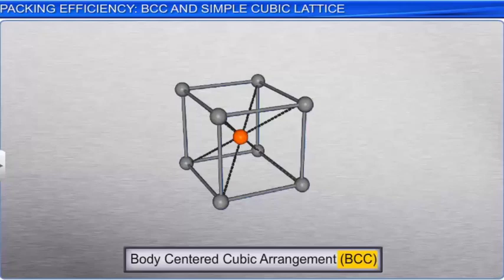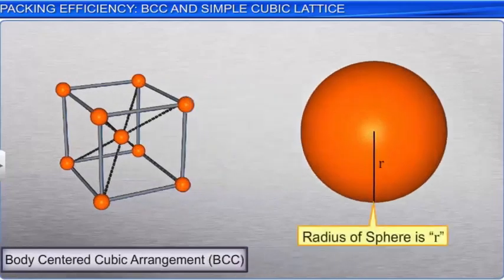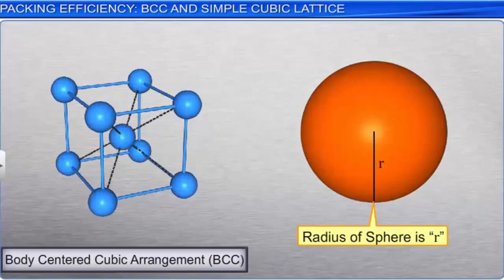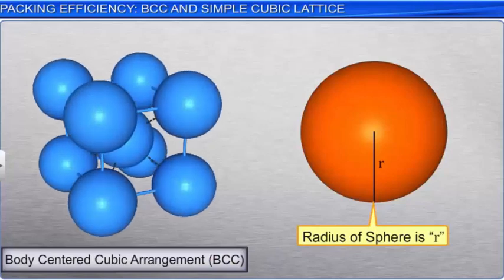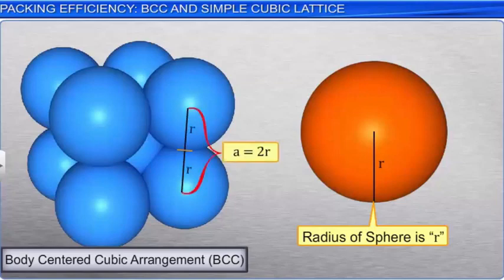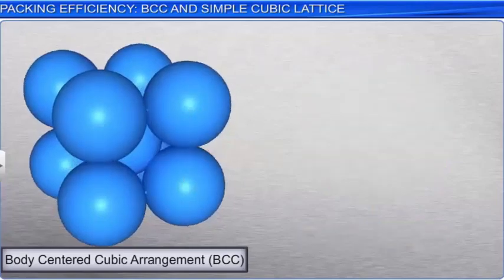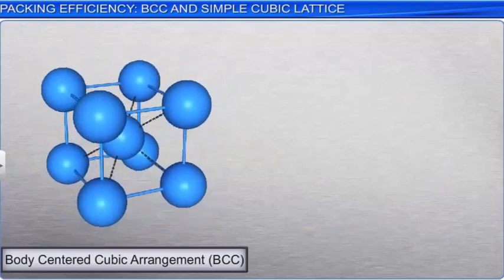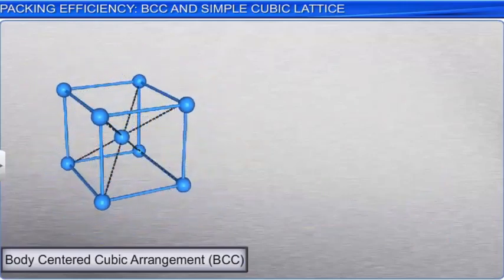Each unit cell has 9 spheres with radius R. The edge length of a unit cell is A is equal to 2R. Among these, 8 spheres are present at the corners, and 1 sphere at the body center of the unit cell, as shown here.